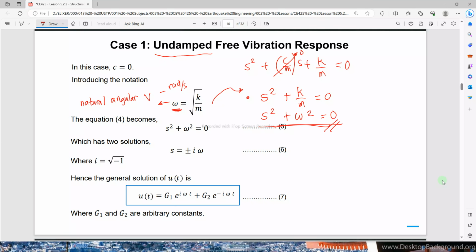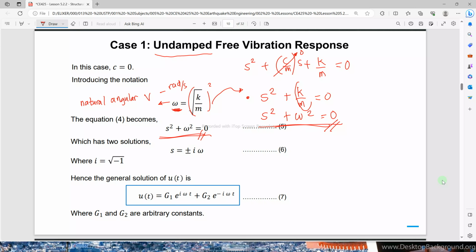This is the equation for an undamped free vibration response. It is omega squared because our omega is equal to the square root of k over m, so we just square this to get the k over m. So our equation is simplified to s squared plus omega squared is equal to 0.